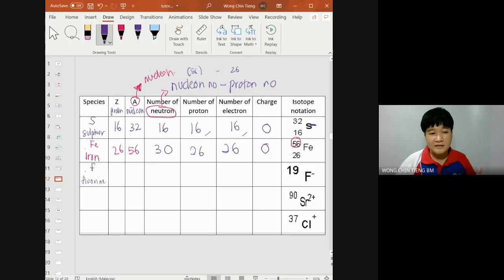Class, Khadijah said my fluorine for my proton is 0. Anybody put down 0? No. Thank God. Zikri kata Zikri buat. Saya nak jawapan untuk fluorine.